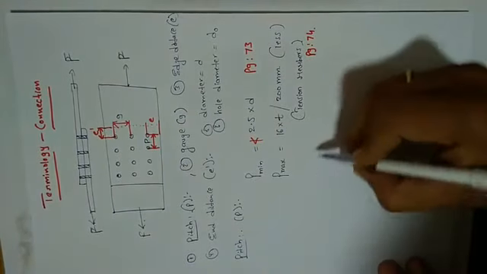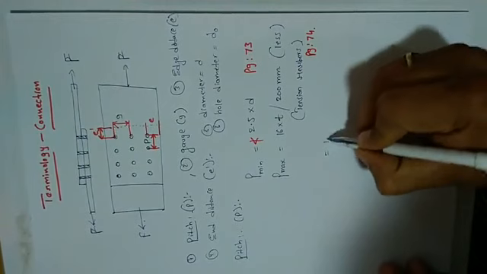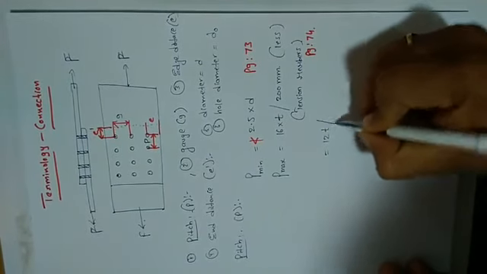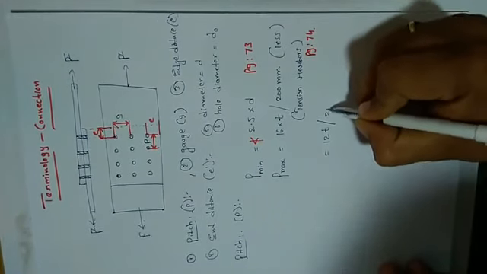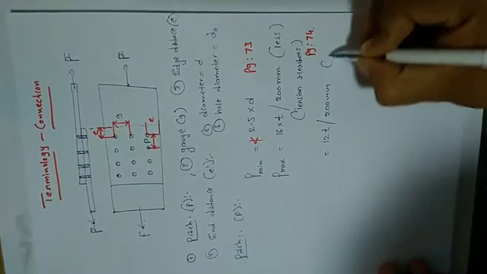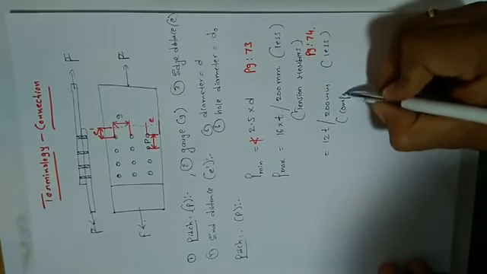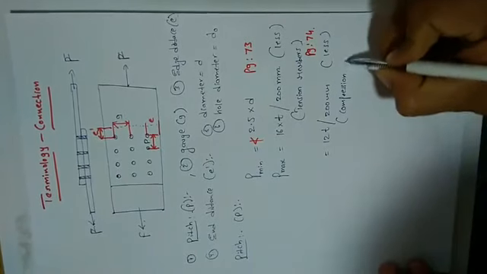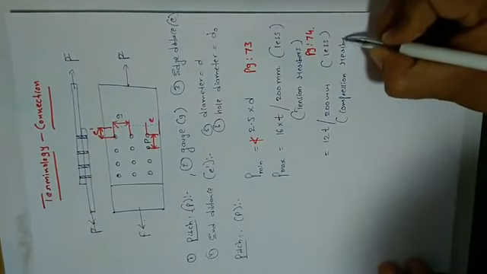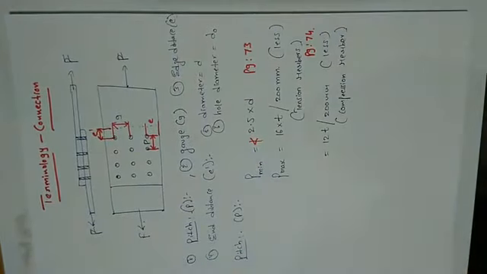The other one is 12 times T or 200 mm, whichever is less. This is applicable when the member is a compression member.